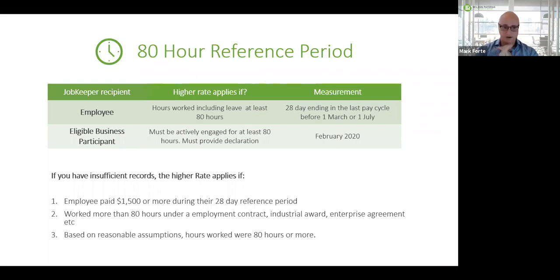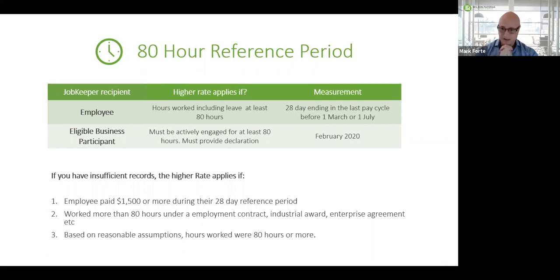So if the JobKeeper recipient is an employee and they wish to receive the higher rate, then they must work at least 80 hours in the reference period. What the reference period is for an employee is the 28 days ending in the last pay cycle before the 1st of March or the 1st of July.